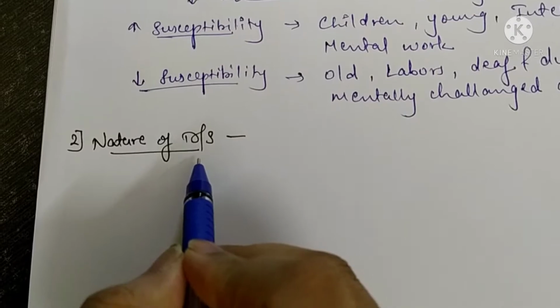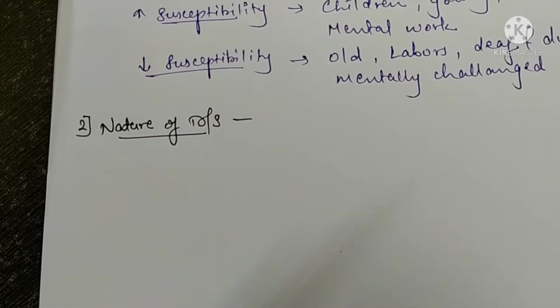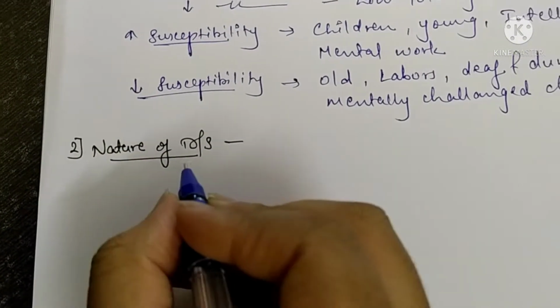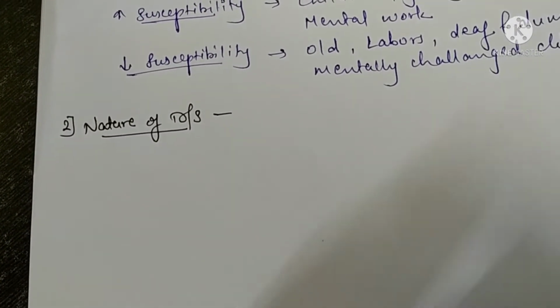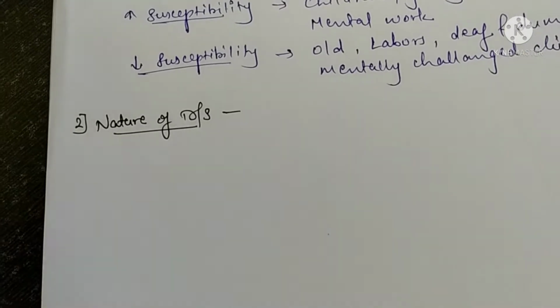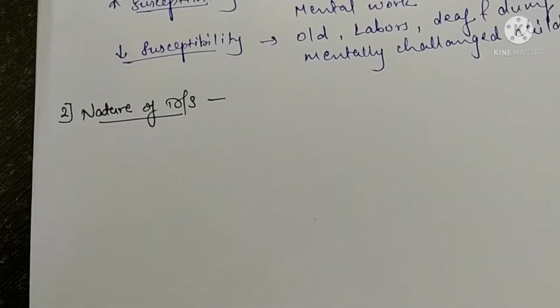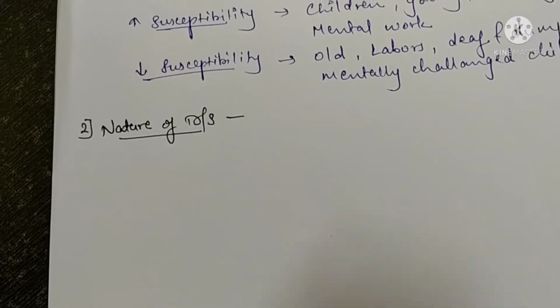Now the nature of the disease is the second parameter of selection of potency. What is the nature of that disease? Is the disease acute or chronic, reversible or irreversible? You have to consider the nature of the disease while selecting the potency.